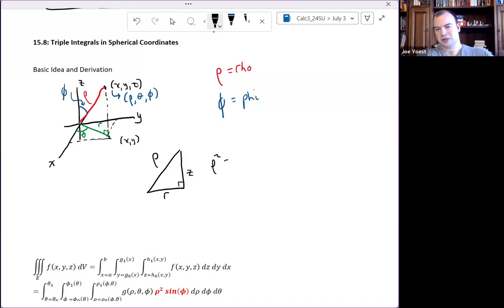So I see that rho squared is r squared plus z squared.